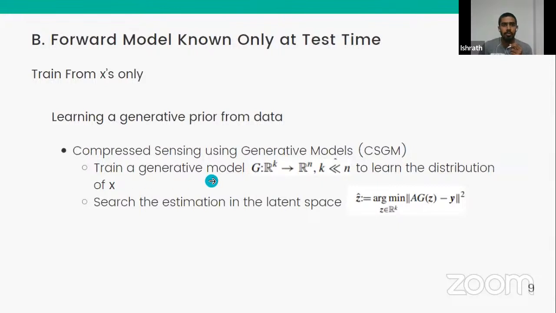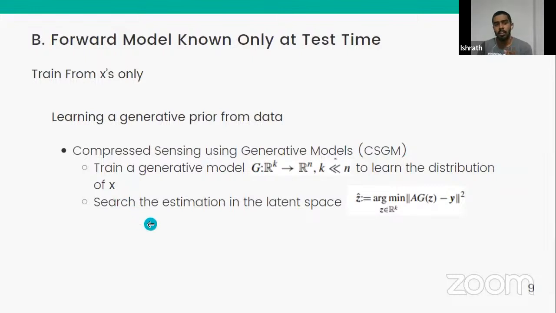If we manage to train a generative model from a training set of x, from a very low dimensional input, we will be able to learn the distribution of x.